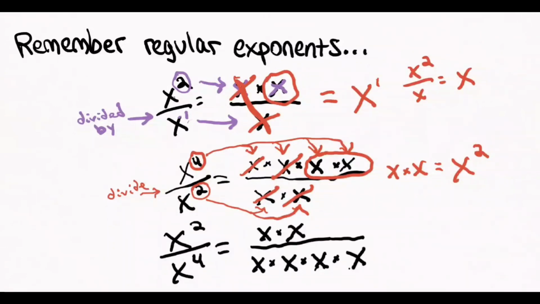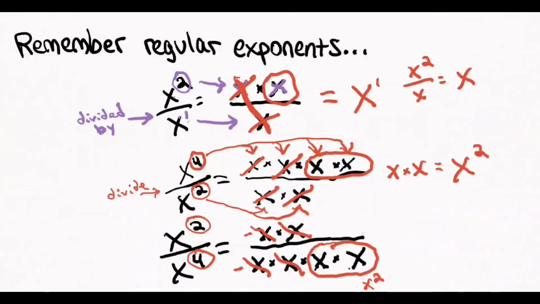And one more time. We got x to the power of 2 divided by x to the power of 4. Here's 2 x's, 4 x's. We can cancel this out, cancel this x out. This time we're left over with 2 x's, which would be x squared, right? But look, this is on the bottom of the divisor bar, not the top.